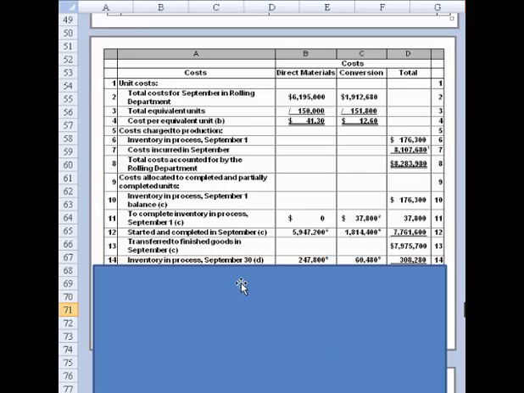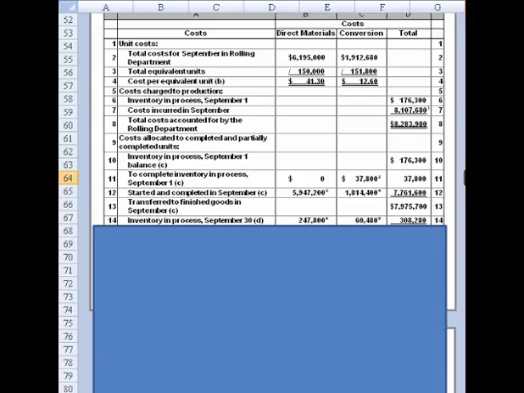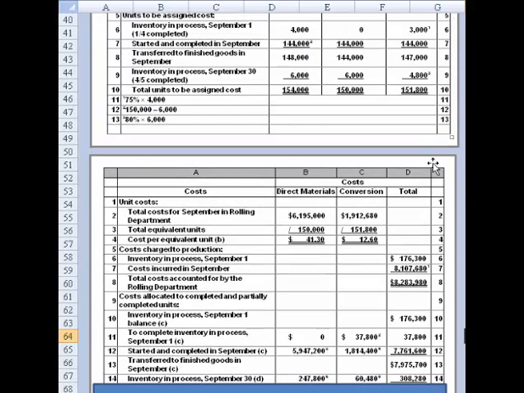Next, we need to assign the equivalent unit cost for the inventory in process. Here again, we need to figure out how many units apply and multiply it times the cost per equivalent unit that we calculated at row 4. In this case, I believe we had 6,000 direct material units and 4,800 in conversion. Let's go up and check that. Sure, there's our 6,000 units.